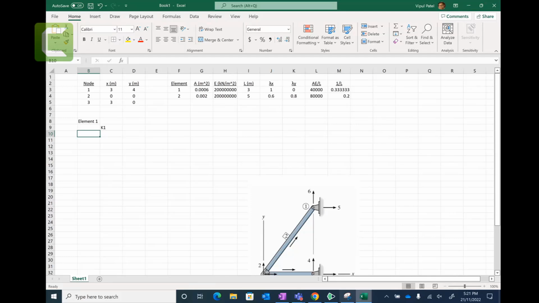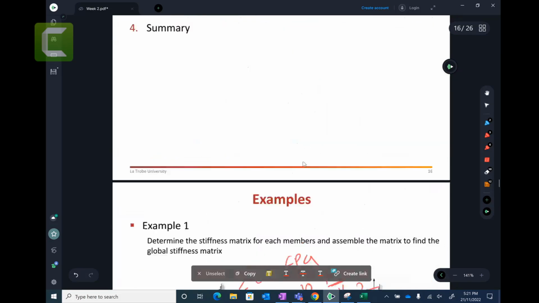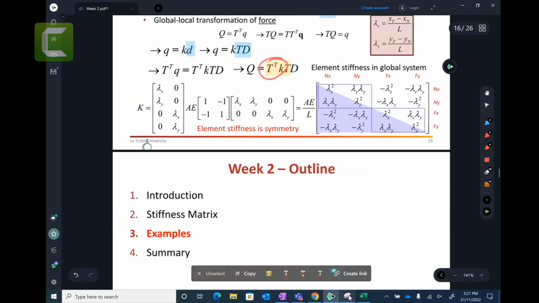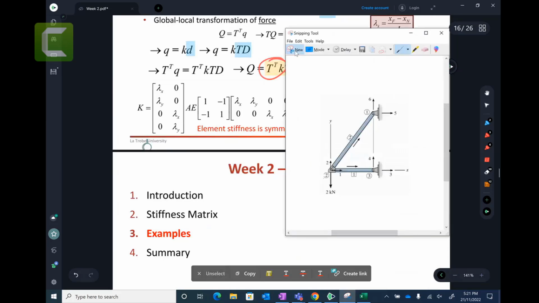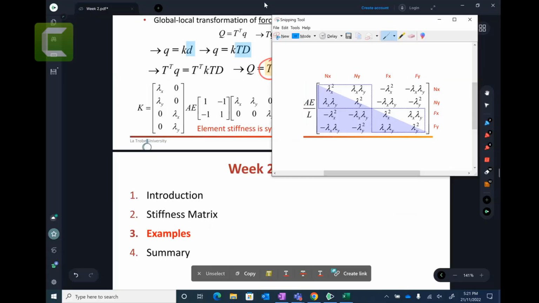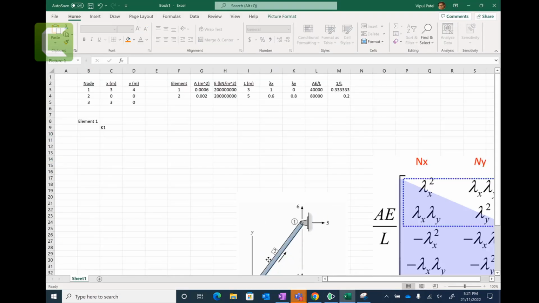Let's get that equation from here. Where is that equation? Oh, here you go. Let's put that equation. Copy. Control V.